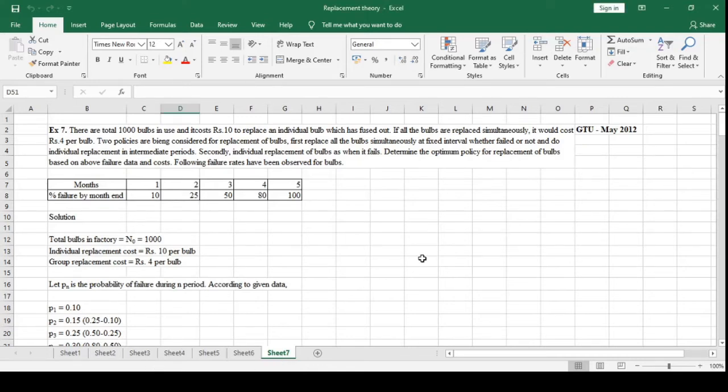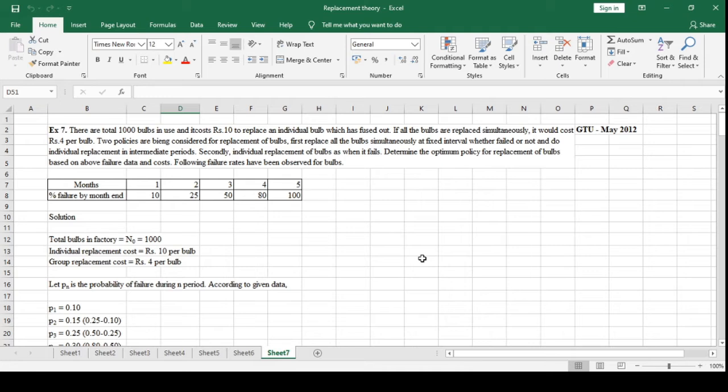Now we will study group replacement. So what is basically a group replacement? Imagine a condition in which you are working in a factory, and overall there are thousands of tube lights in that factory. If a tube light fails suddenly, then the replacement cost per tube light is 100 rupees, assume.